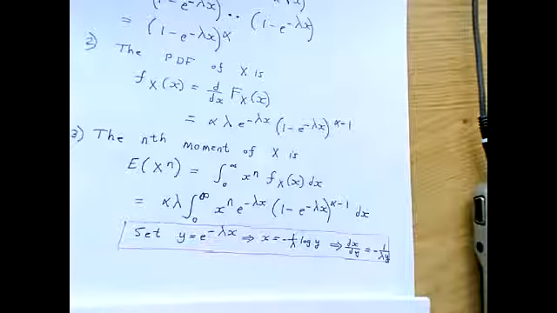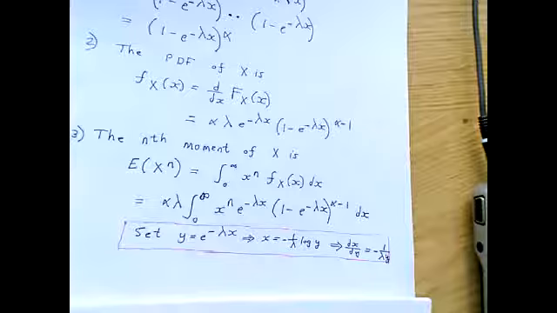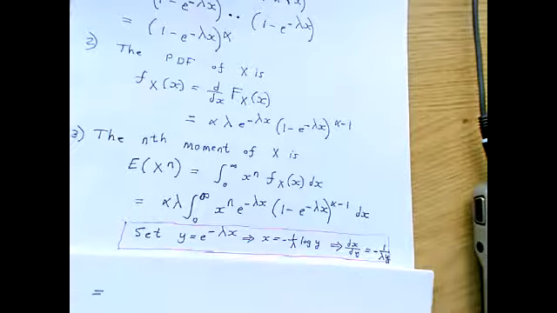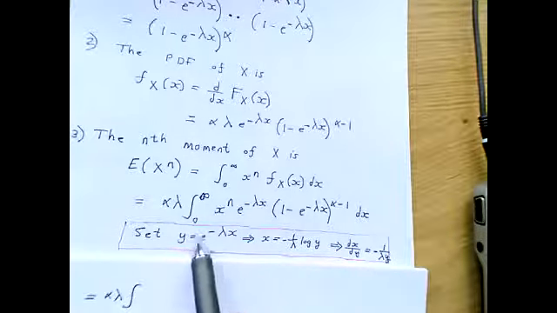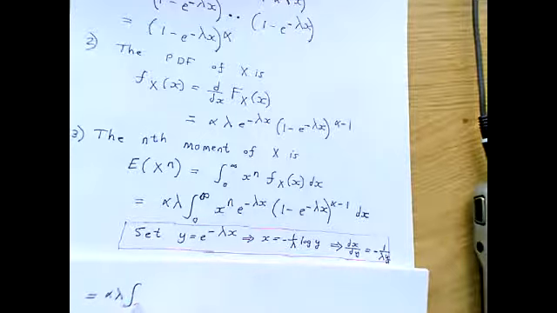So after making this substitution, you will get the following. You get alpha lambda outside. The limits of integration: when x is 0, y will become 1. And when x is infinity, y will become 0, right? And inside you will have the following.